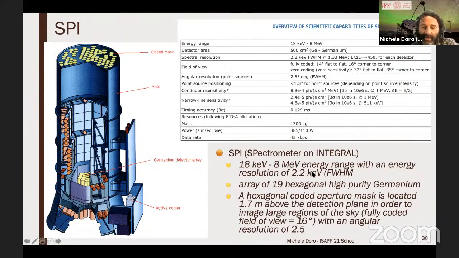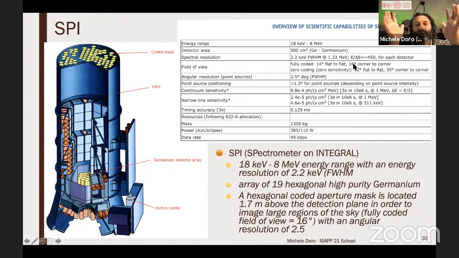You can learn about the sensitivity range from 18 keV to 8 MeV. But if you go to the web pages of the instrument, you start to learn much more. You can see not only the energy range but also the energy resolution, and the sky aperture, so the field of view, 14 degrees, 16 degrees.